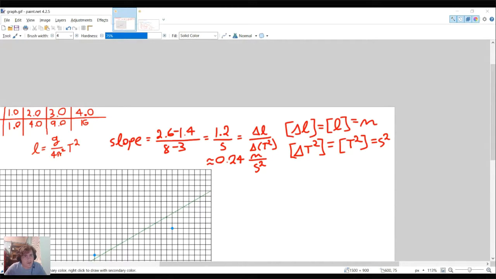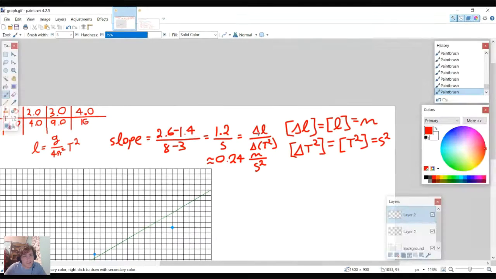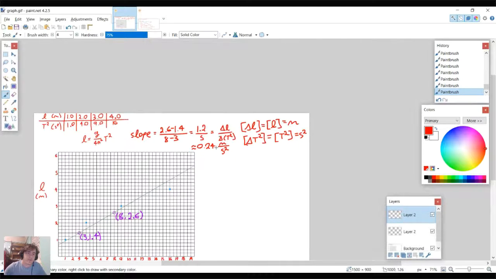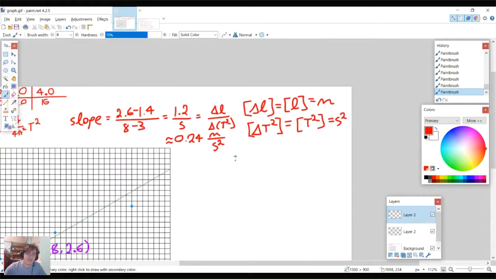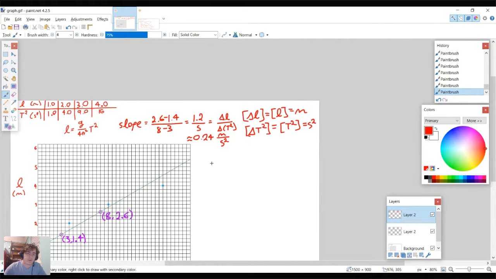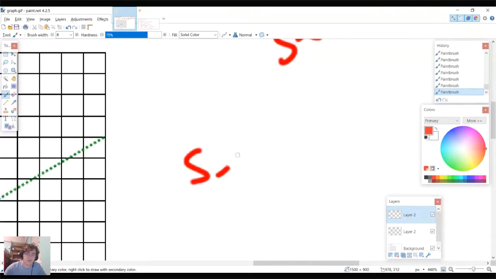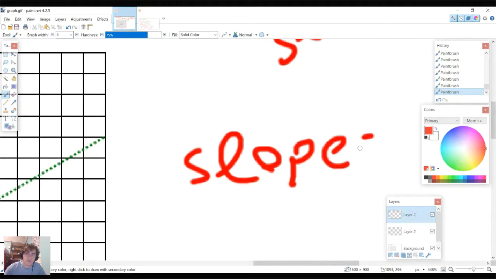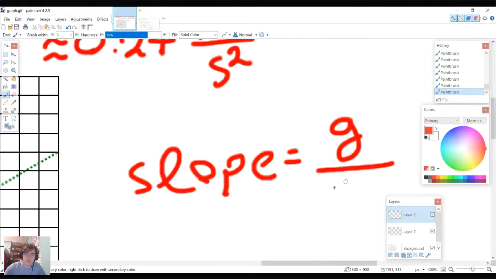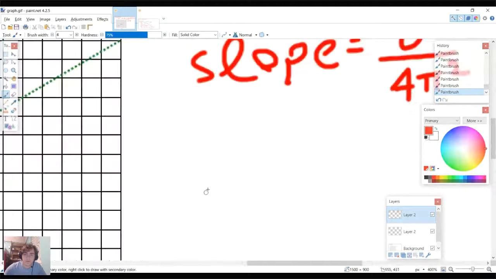And this actually may work out. We'll see. So the next thing is we have to calculate the g value, and the slope is g over 4 pi squared from a couple of minutes ago. So we know g is 4 pi squared times the slope.